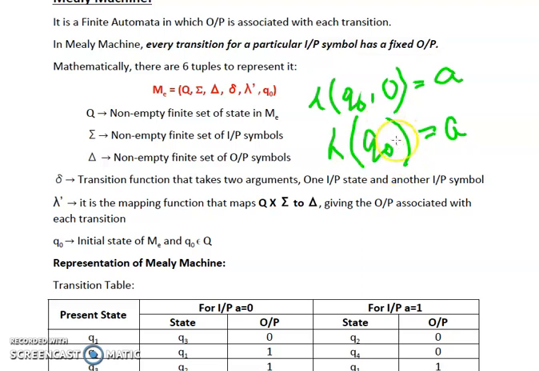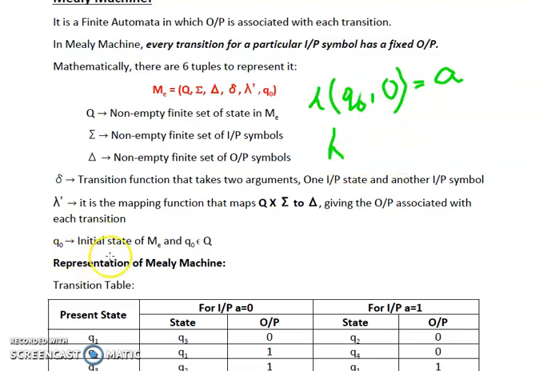That's why in the argument we only provide the current state and the output corresponding to this state is obtained over here. So this is the difference between the representation of lambda dash in case of our Mealy machine and Moore machine.